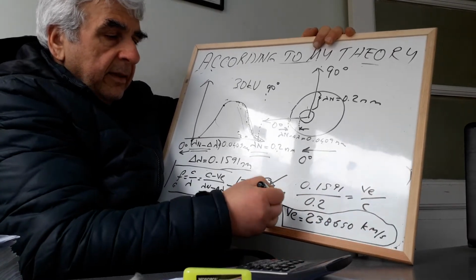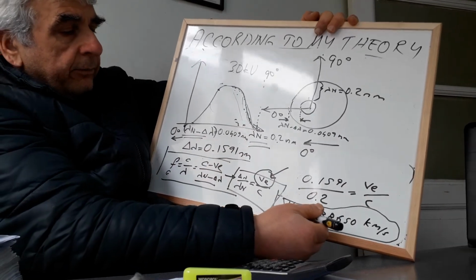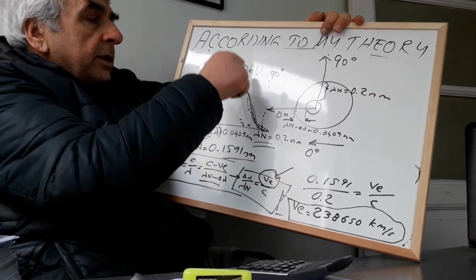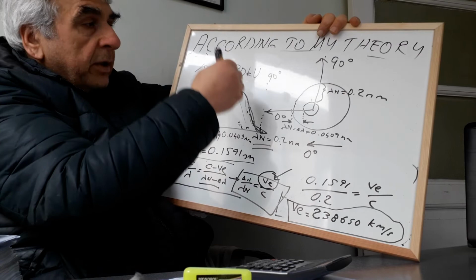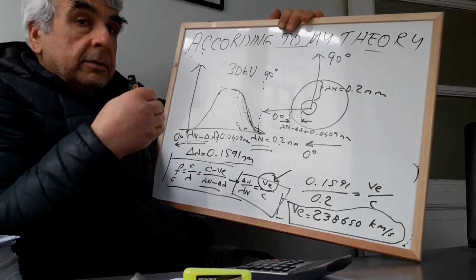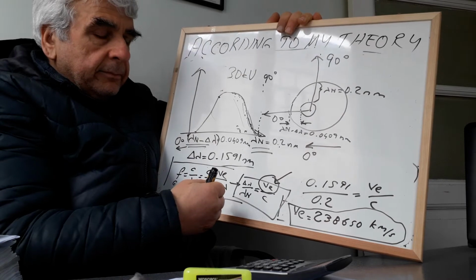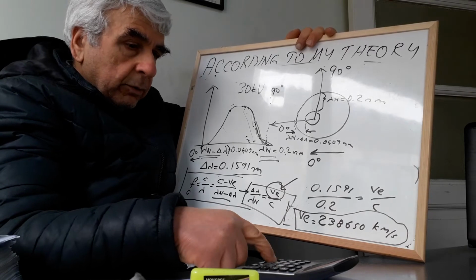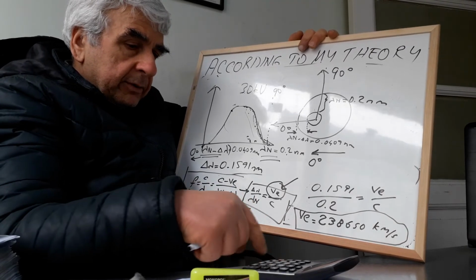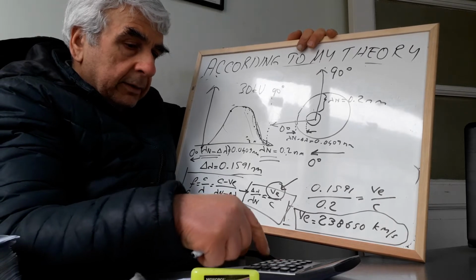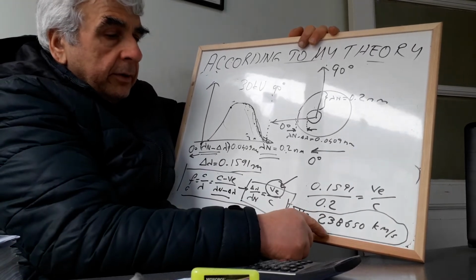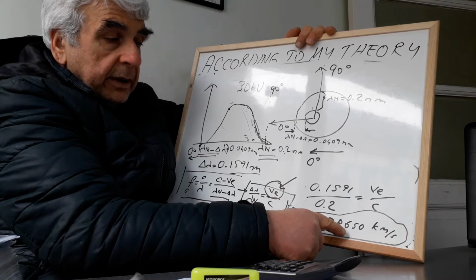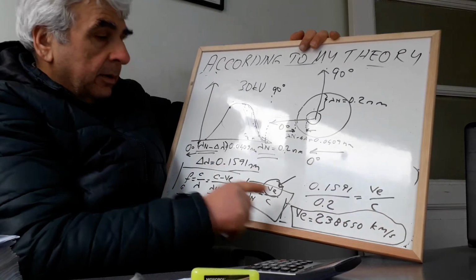This is the electron motion form's velocity in the direction of 0 degree under the 30 keV applied electric potential effect. Again, I check: 0.1591 divided by 0.2 multiplied by c gives 238,650 kilometers per second. We find that.